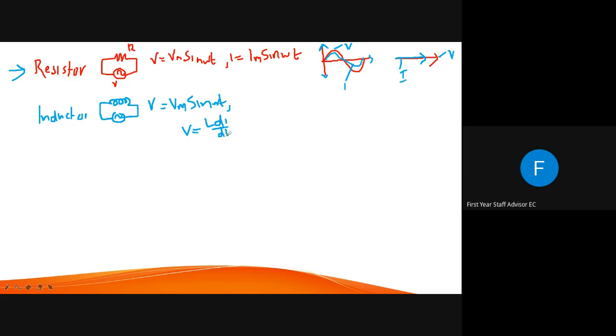From this you have to integrate and find the expression for current. So it will be I is equal to Im sin(omega t minus 90). That means there is a phase difference between voltage and current.